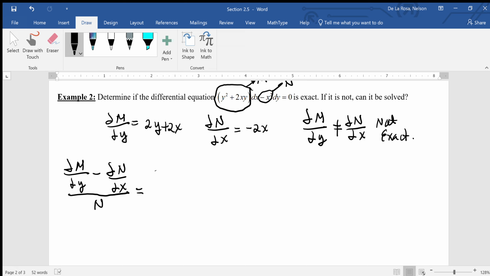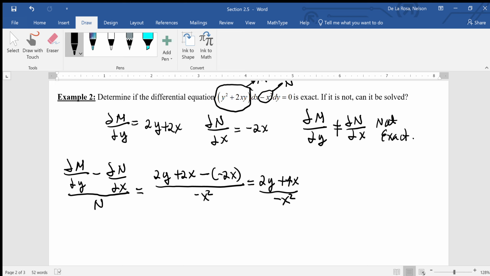So we have 2y plus 2x minus negative 2x, divided by N, and N is negative x squared. Then we have 2y plus 4x over negative x squared.